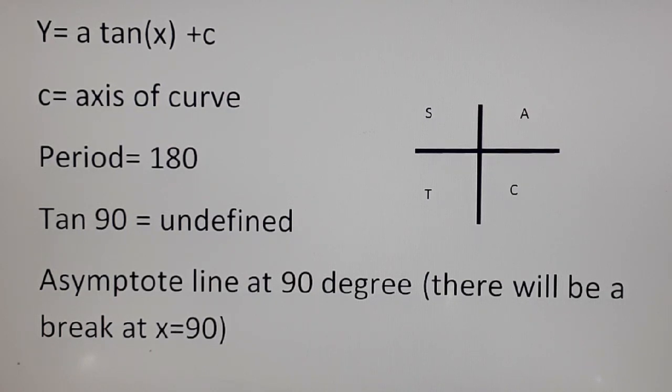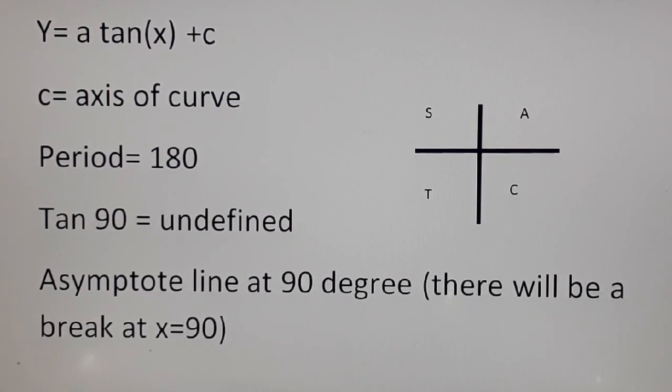So in a certain interval you will have some set of values, and this set will start repeating after that interval. The interval where we have different values of the set is basically the period. So from 0 to 180 you will have a single set of values, and after that you will have the repetition.